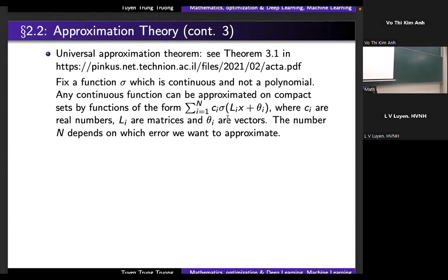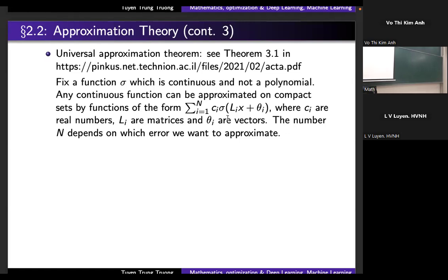And the claim is that any function like this can be approximated by this kind of function, the sum of c_i sigma(l_i x + theta_i). If you think about neural networks, you have an input layer x, then you apply l_i x + theta_i, which is another layer, then you apply sigma, and then you sum with some constants.